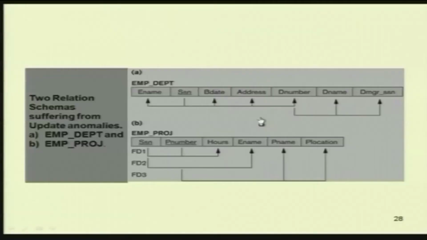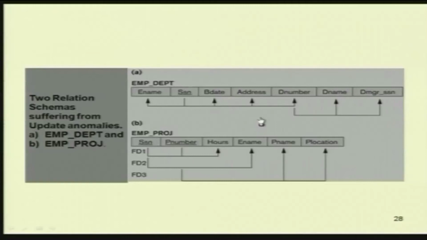Imagine the company has a policy that the managers are rotated among 10 departments every 6 months, and you have 10,000 employees distributed among these 10 departments, then every time all these 10,000 records have to be updated. So, this is a very big problem as far as these 2 bad designs are concerned.